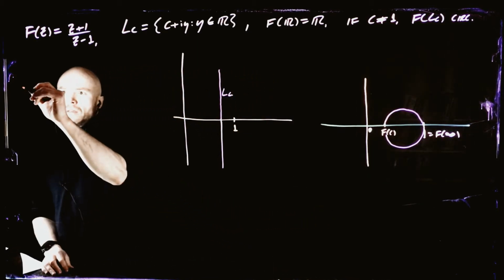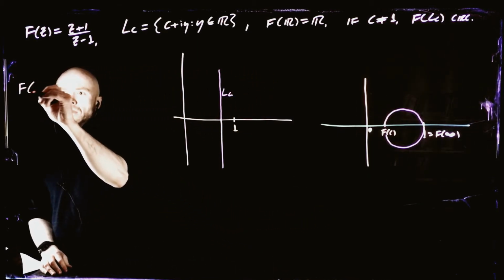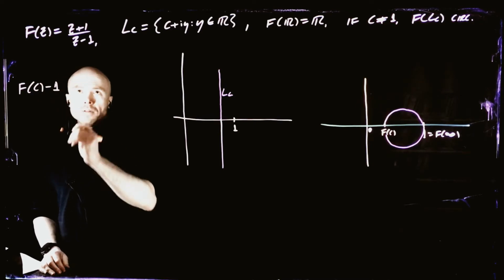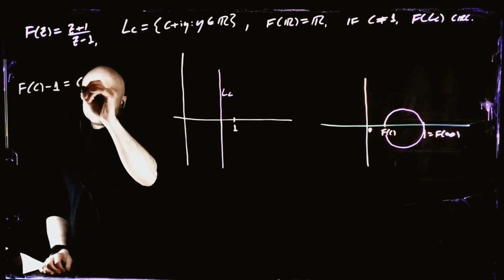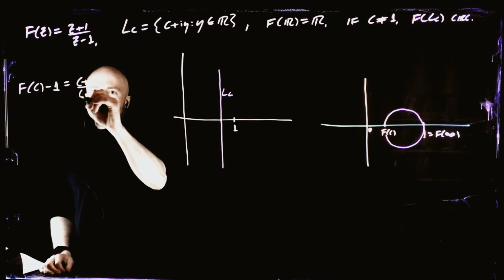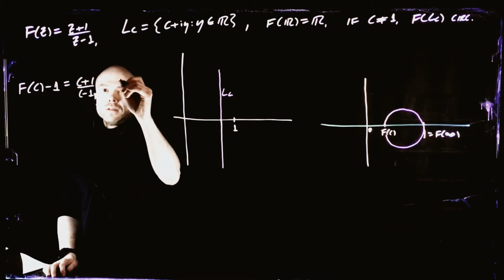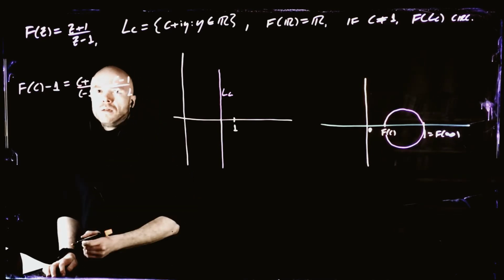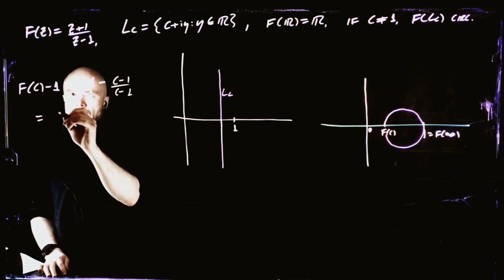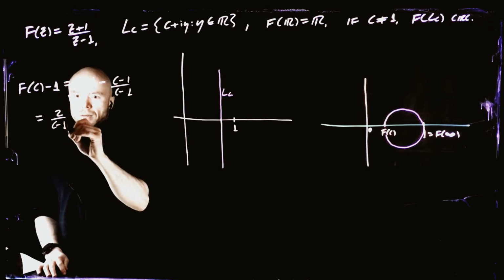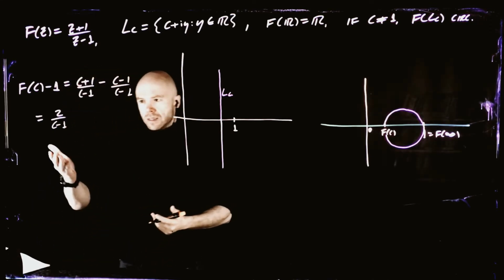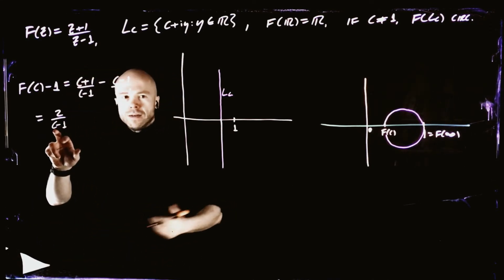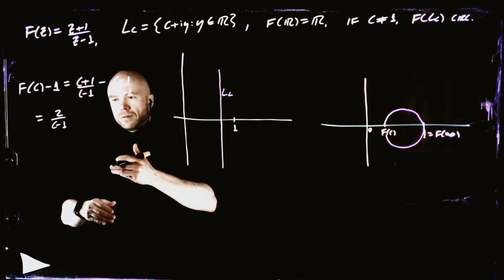And actually we can just consider this quantity: C plus 1 over C minus 1, and then minus, let's write this 1 as C minus 1 over C minus 1. And then we're going to have this cancellation. We're going to have this 2 over C minus 1, which is pretty convenient, because it says that if C is less than 1, then this quantity is negative, right?